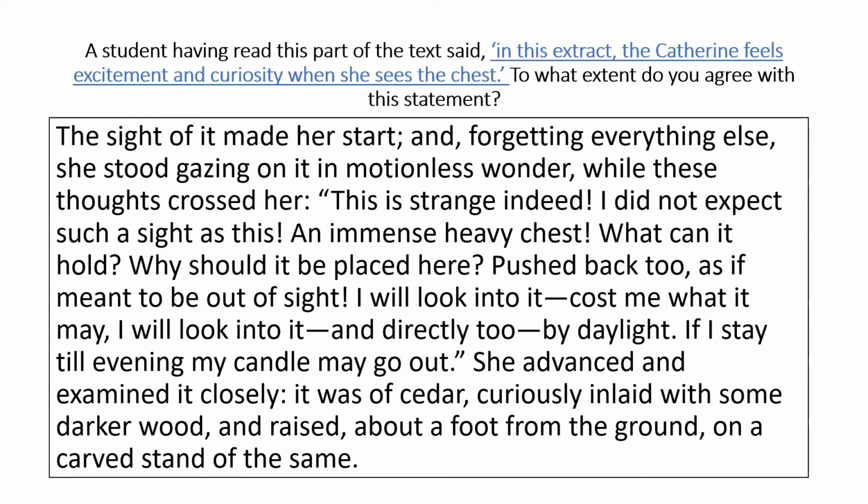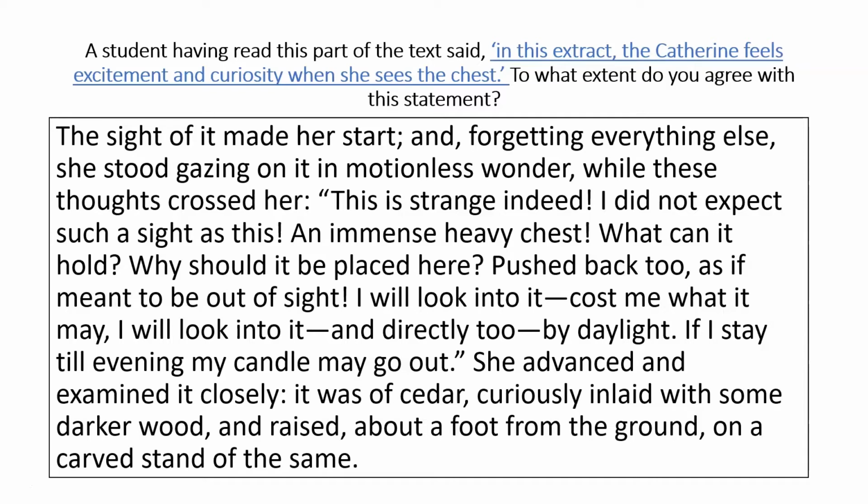Okay, let's go. The sight of it made her start, and, forgetting everything else, she stood gazing on it in motionless wonder while these thoughts crossed her. This is strange indeed. I did not expect to see such a sight as this. An immense, heavy chest, what can it hold? Why should it be placed here?